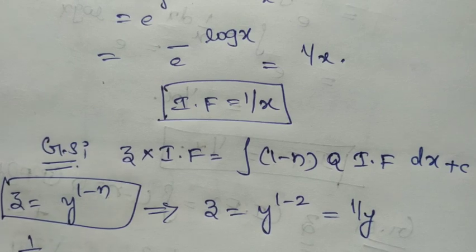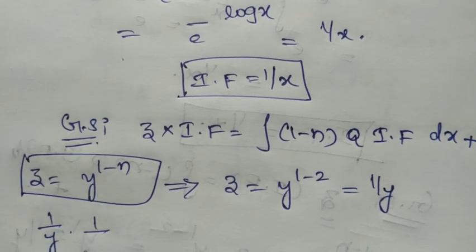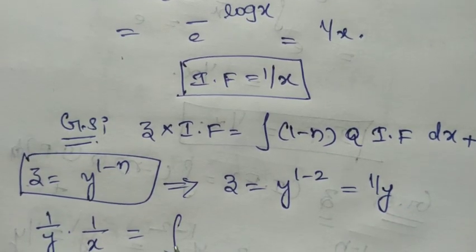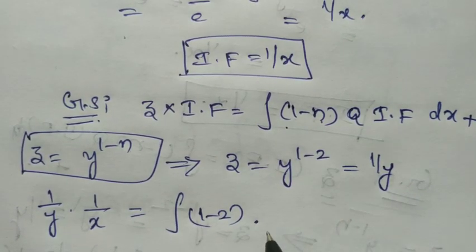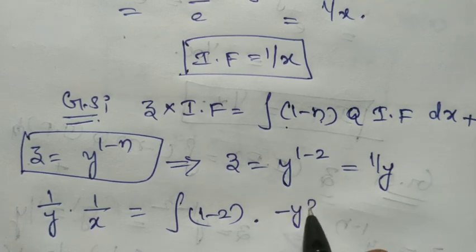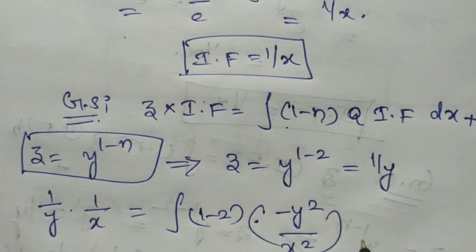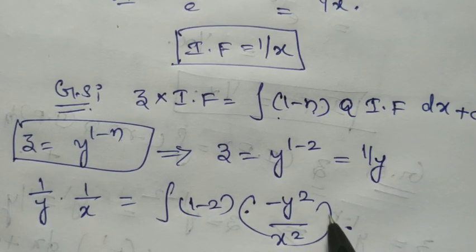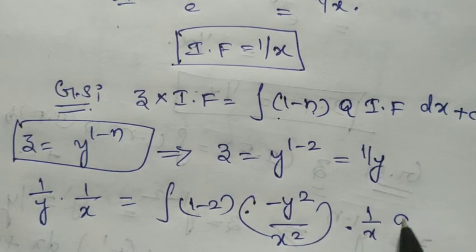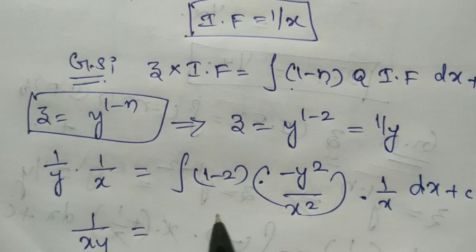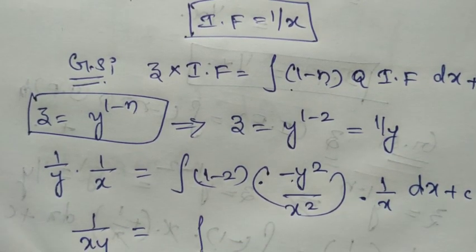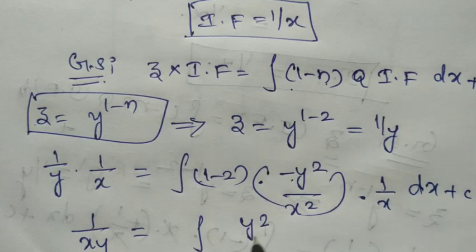So 1 by y into integrating factor 1 by x is equal to integration of (1 minus 2) into q value. What is q value? q equal to minus y square by x square into integrating factor 1 by x dx plus c. So 1 by xy equal to minus into minus plus integration of y square by x cube dx plus c.